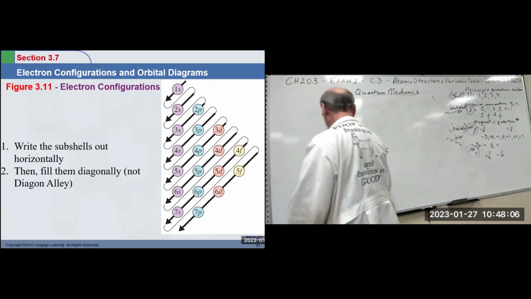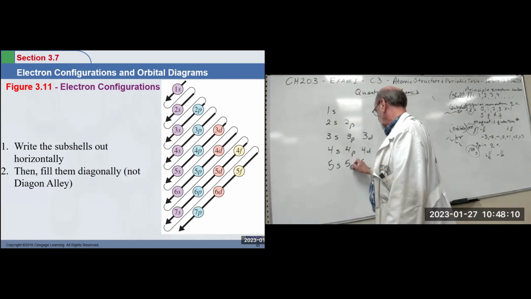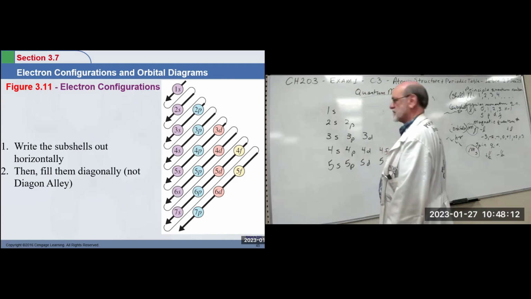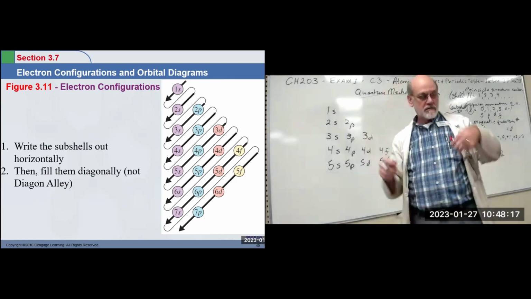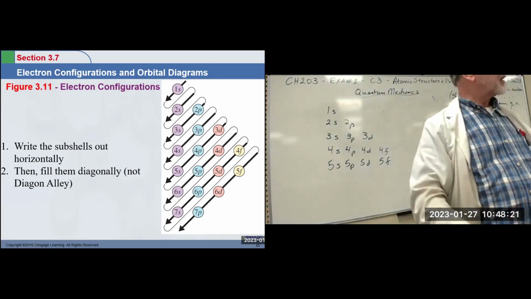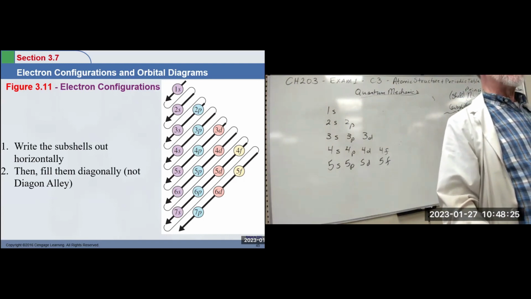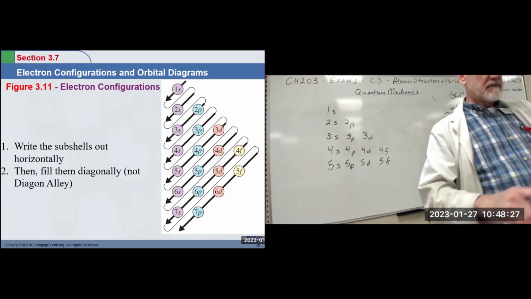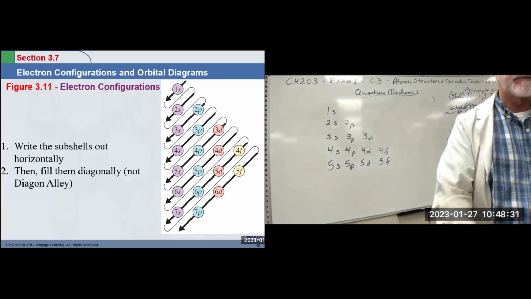And then 5, we can have s, p, d, and we'll put an f there. Theoretically, we could go up to g, but there are no elements that need g, not at the, my mind's gone blank.